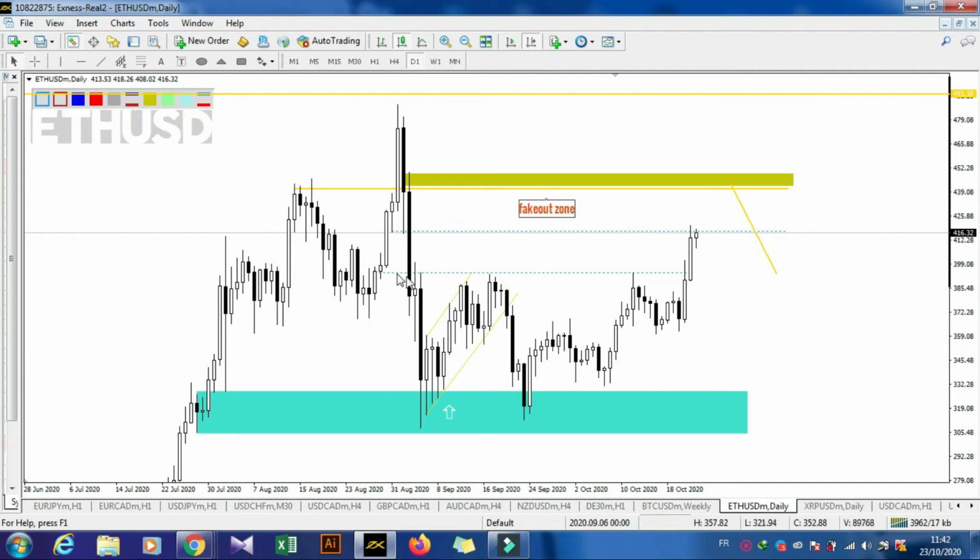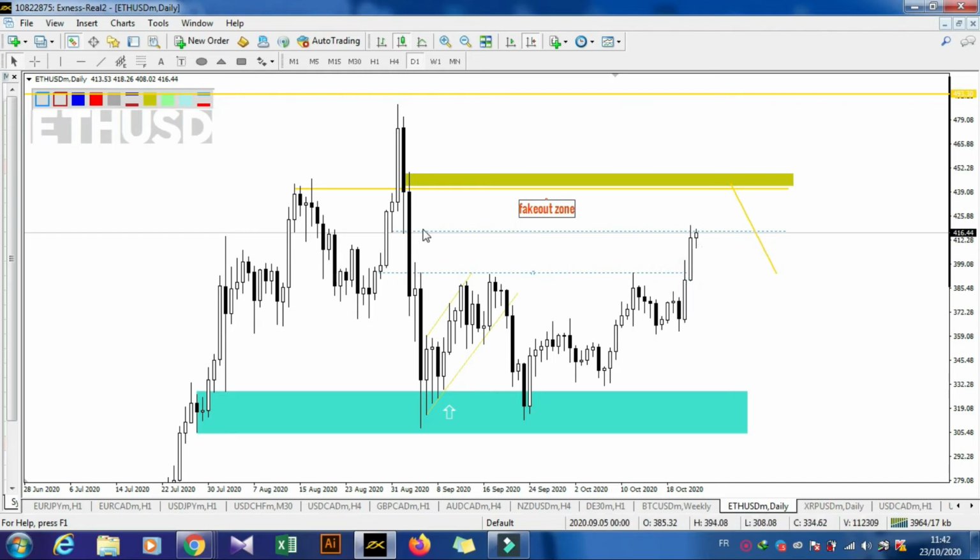We see here our first key level. Let's call it SR flip. We have our support, resistance, and third resistance, which make it a very strong key level.